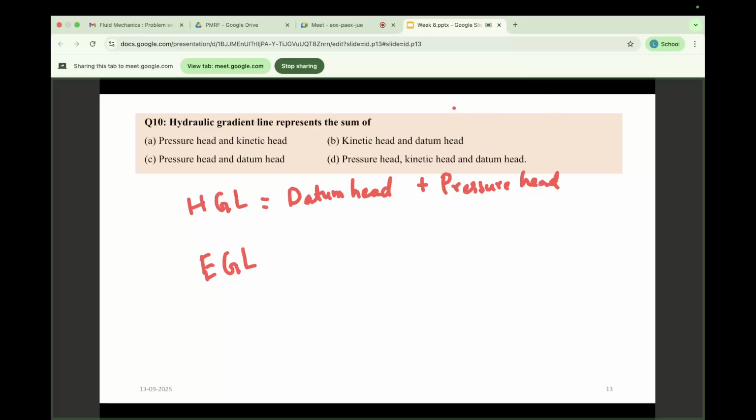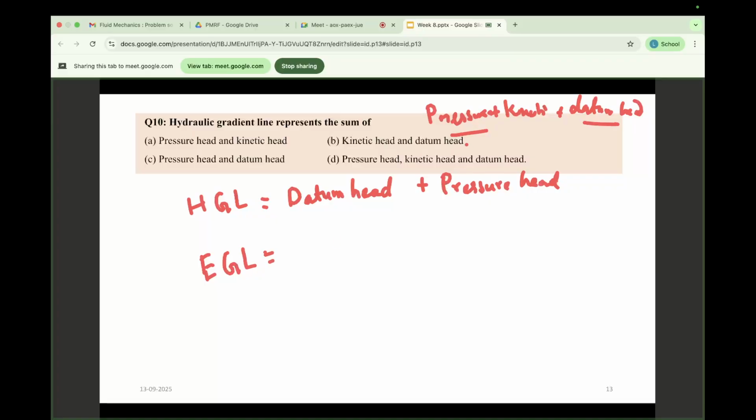If I talk about Bernoulli's equation, there is pressure head plus kinetic head plus datum head. So three heads are there. If I take the pressure head and the datum head, then it is known as the hydraulic gradient line. Next is the energy gradient line.